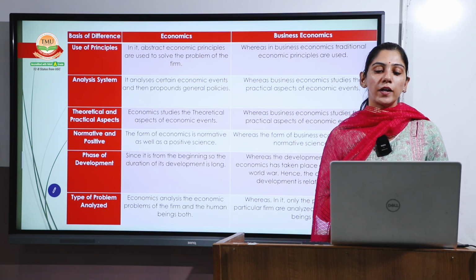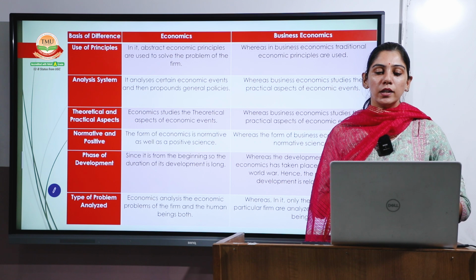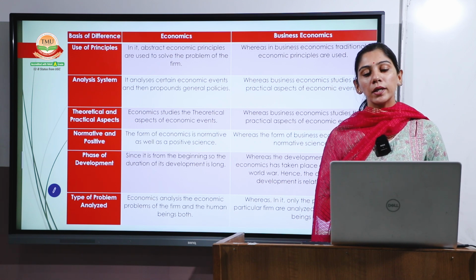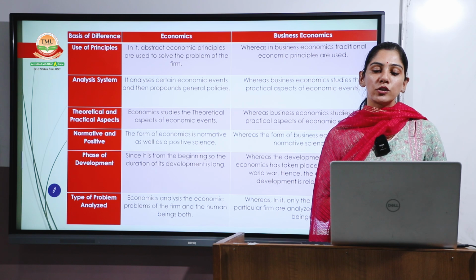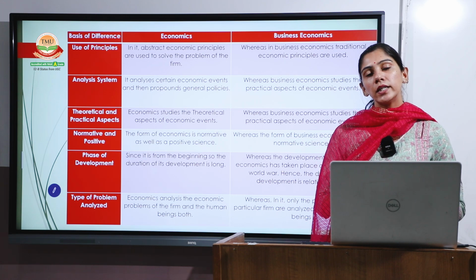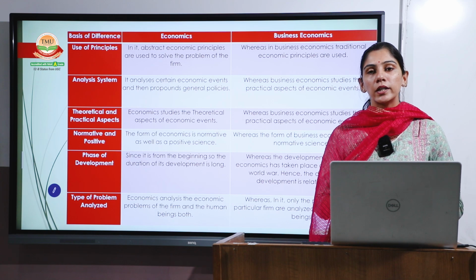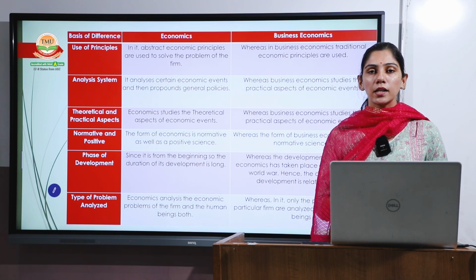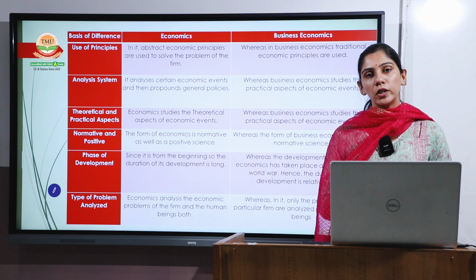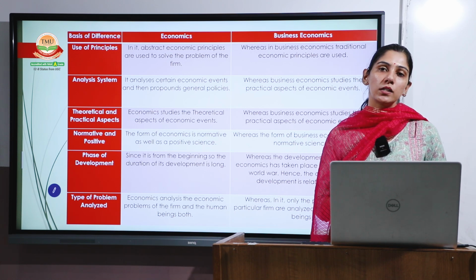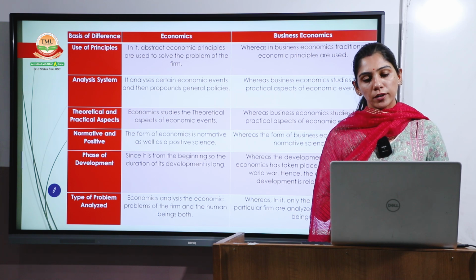Next point, phase of development. Economics has existed from the beginning, so the duration of its development is long. Whereas the development of business economics has taken place after the Second World War. Hence, the duration of its development is relatively short.